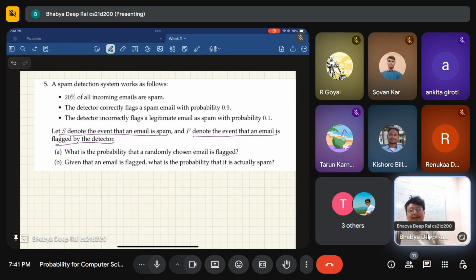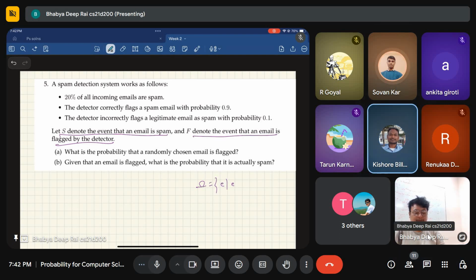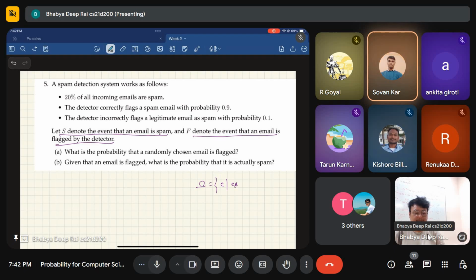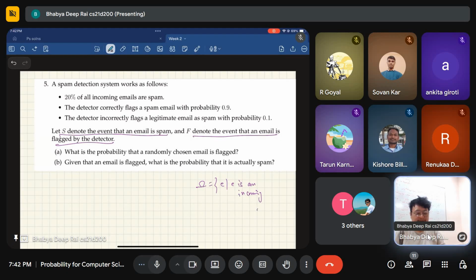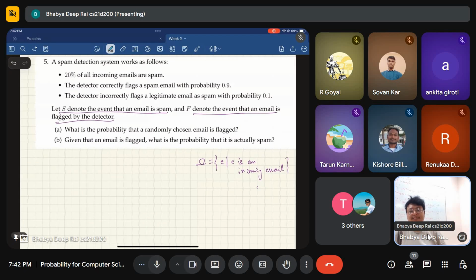Yes, the sample space omega is the set of all incoming emails. And we can fix something like 100 emails. That's right. Okay, good.